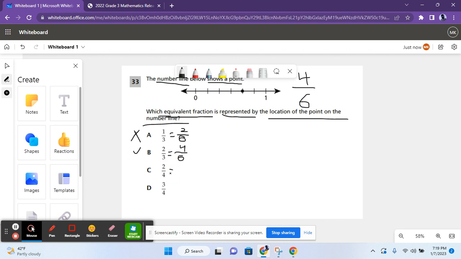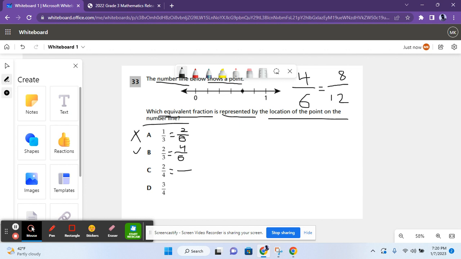For C, it says 2/4. Here, you have to find out what is a common multiple of 6 and 4. That can be 12. So you can multiply the numerator and denominator of 4/6 by 2 to get a denominator of 12. 6 times 2 is 12, and 4 times 2 is 8.